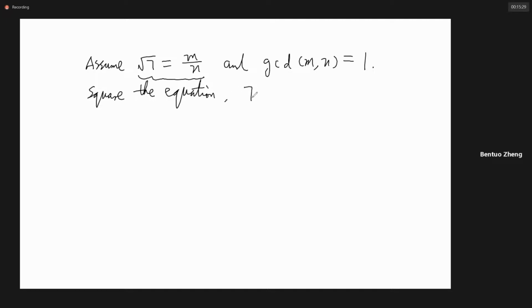And we get 7 equals m squared over n squared. All right, so you multiply n squared on both sides, you get 7n squared is equal to m squared.